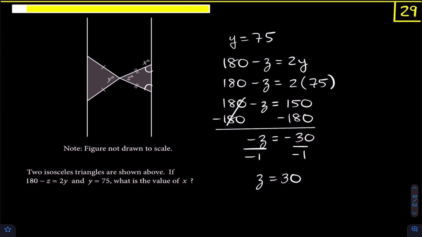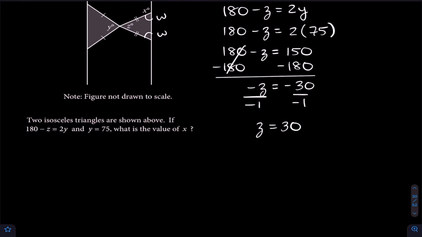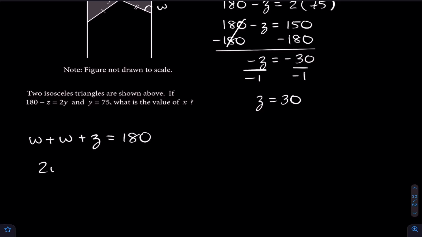And that angle right there, let's just give it a name. We'll call it w. And now, this angle would be w too because it's exactly the same. So all of these angles right here are going to add to be 180 degrees because, well, that's the interior angle sum of a triangle. So we have two w's there, plus z is equal to 180. So 2w plus z is equal to 180.